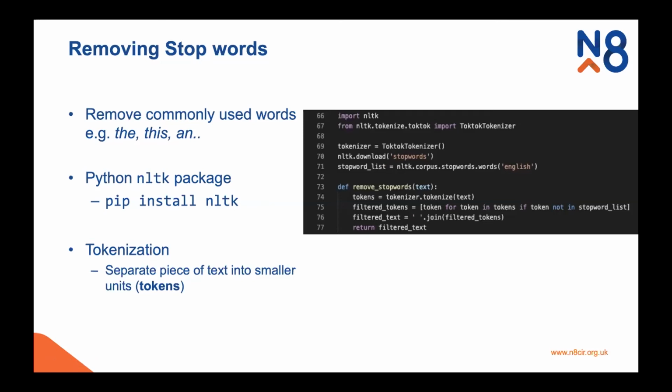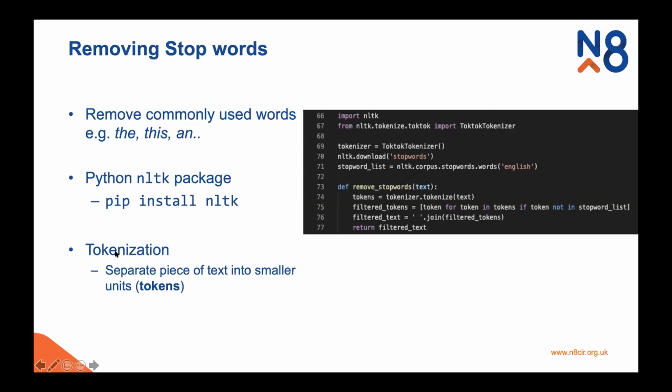There is another Python package that helps you do this. The name of the package is the NLTK package. It's a very extensive natural language processing package that is available in Python. To install it, just use pip install nltk and import it in your source code.